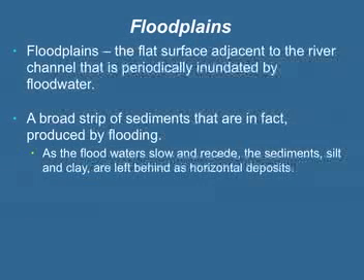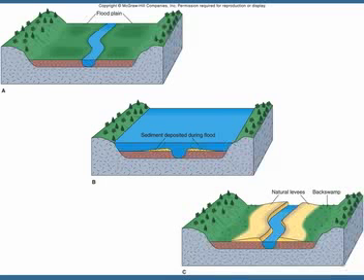So again, when the stream floods and it leaves the channel and it widens out, remember all that drag, it slows down and tons of sediments fall out. And so here we go, we got a stream, it's in its channel, then it goes into flood. Wow, it's a pretty big flood. And actually, you can see the natural levees. The first stuff to fall out will be the biggest, coarsest stuff, and that falls out right by the stream banks.